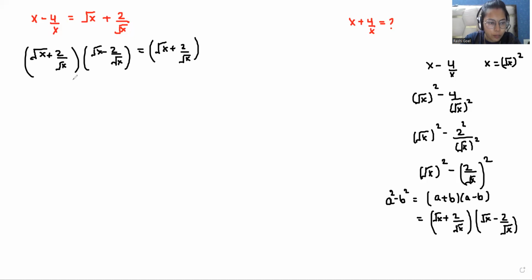Now I'm dividing both the sides by under root of x plus 2 over under root of x.